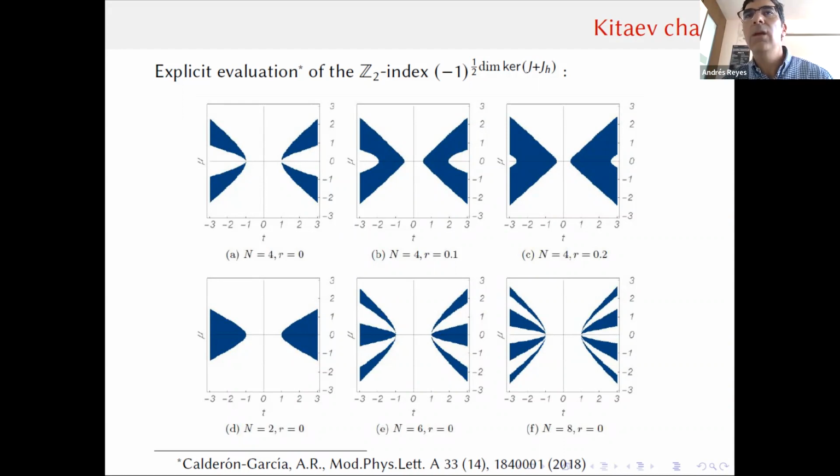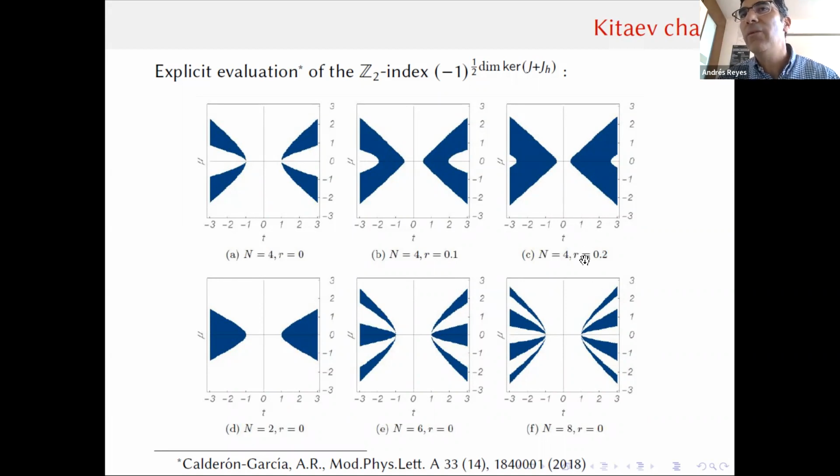Now, what the bulk edge correspondence says is that you compute the invariant for the closed system, and it tells you something about what is happening on the edge for the system with open boundary conditions. So, as you see in the first 3 plots labeled A, B, and C, I am keeping a chain with just 4 sites, starting with open boundary conditions, and then I start to close the boundary.